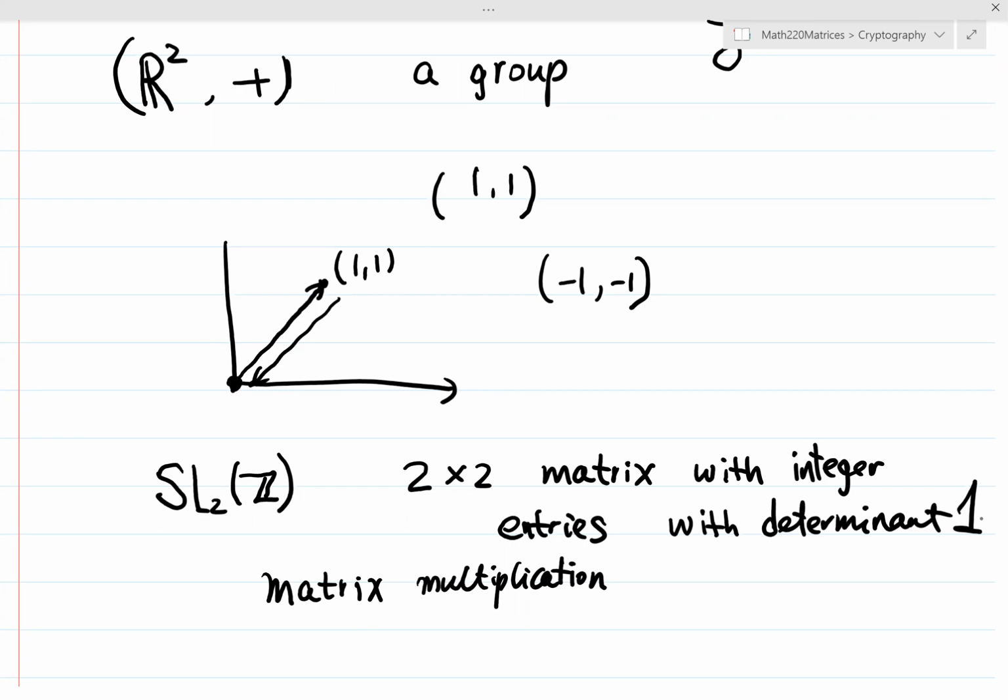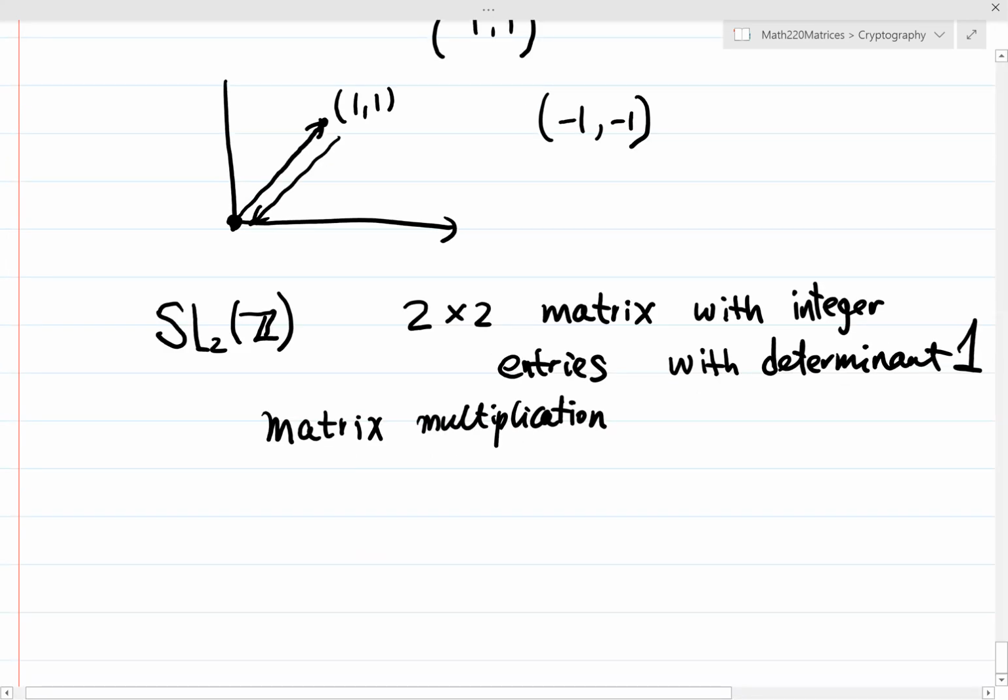Now, what symmetry does this group tell us? This is the group of symmetries of a lattice on the two-dimensional plane.